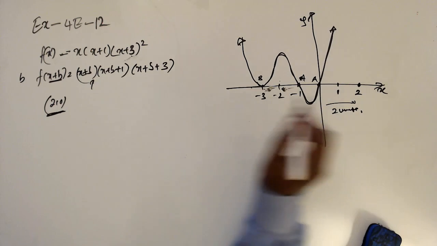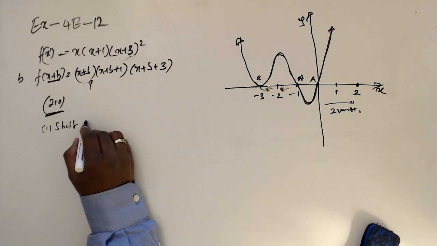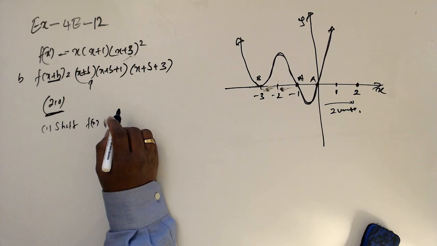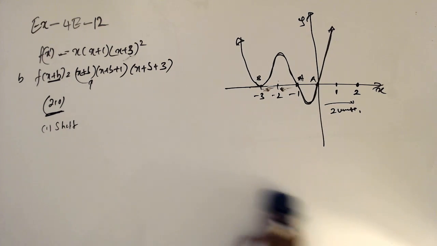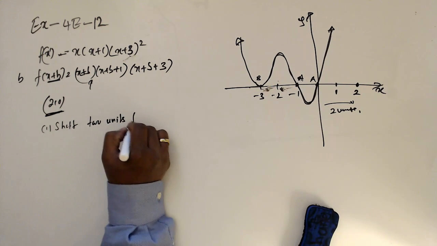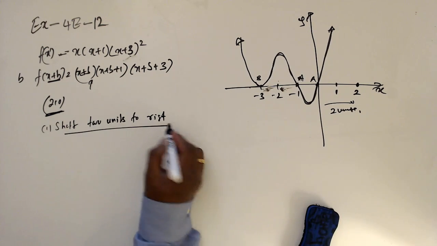So that is one option: shift f(x) 2 units to the right.